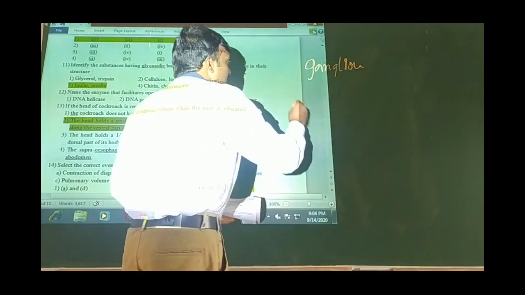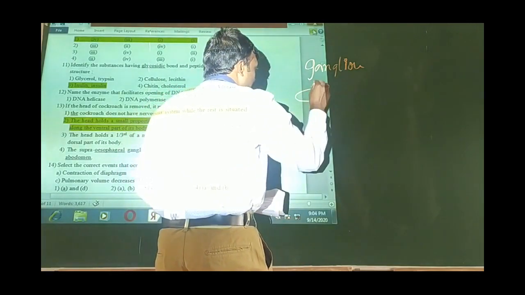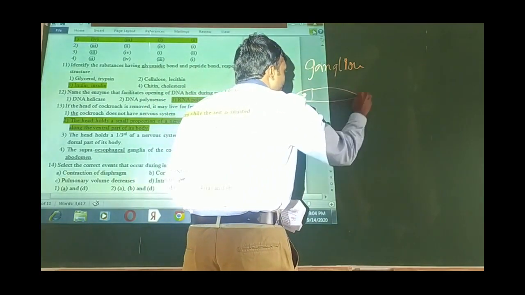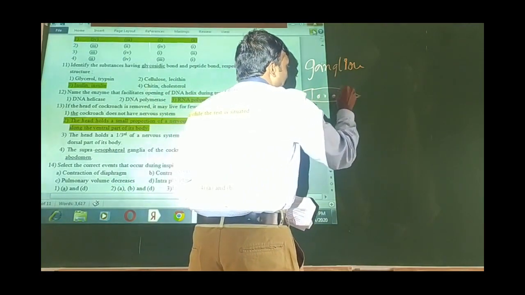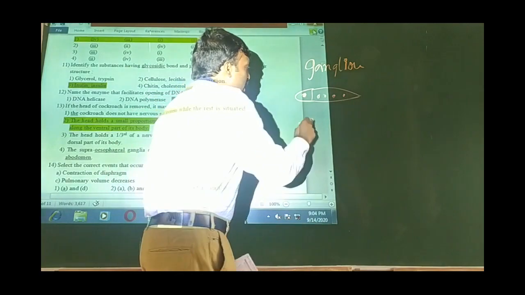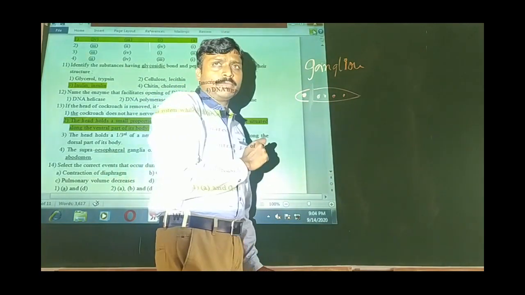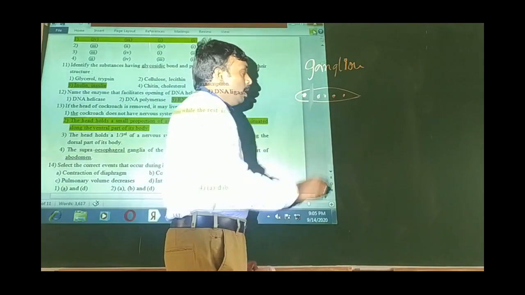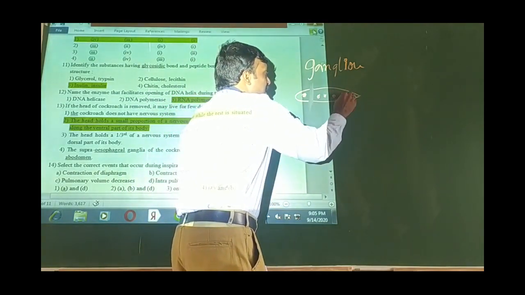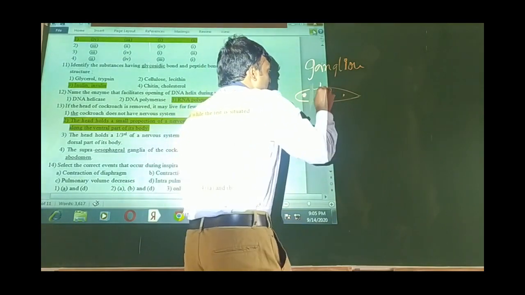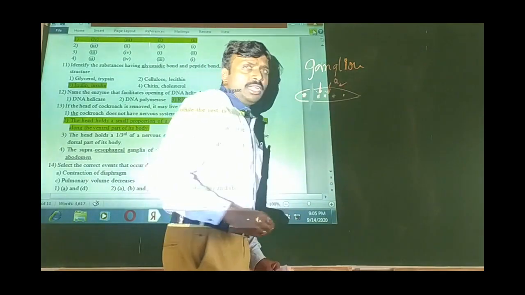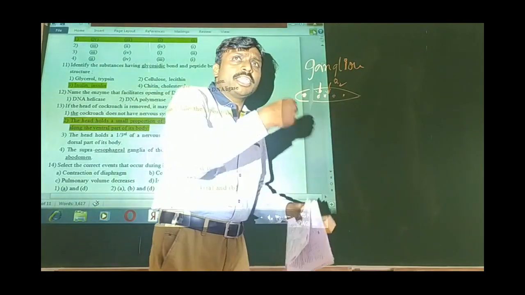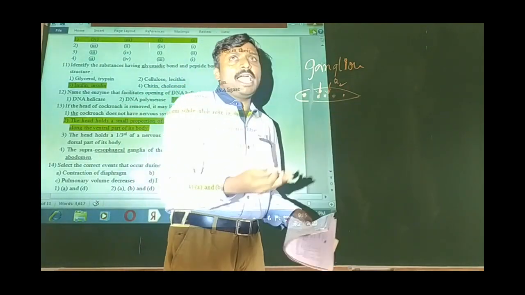So here, in the case of a cockroach, what happens? Let us say this is the head, which consists of one ganglion, and this is the body, which consists of many ganglia like this. After removing the head, this part becomes separate from this part. But still, these ganglia, as long as they are able to receive oxygen and some other things, can keep this body part active.